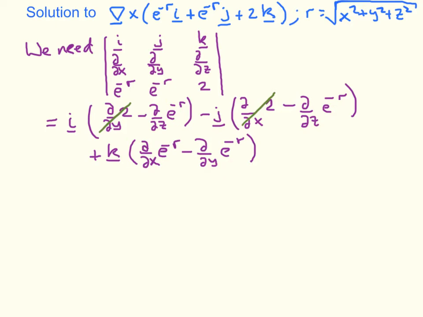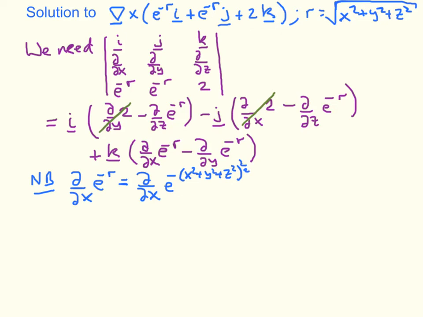So let's just very quickly work out what that derivative is going to be. Note d by dx, for example, of e to the minus r means the derivative with respect to x of e to the minus, x squared plus y squared plus z squared, all to the power of a half. Now, the derivative of an exponential is an exponential with its argument unchanged, so I can write that for brevity still as e to the minus r, times the derivative of the argument.